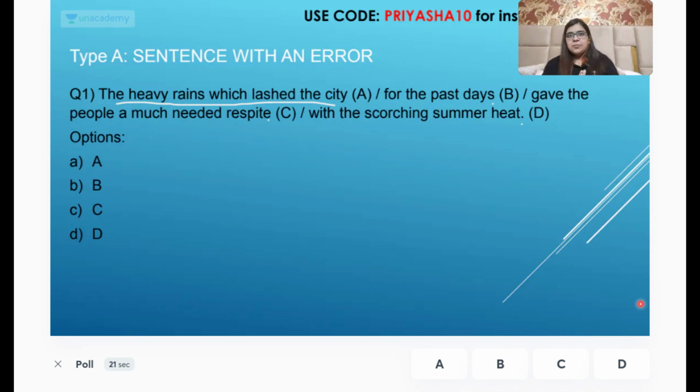When 10 seconds will be left for the poll, I'll tell you the percentages, okay? Ten seconds left. So 15% people think it's A, 38% think it's B, 23% think it's C, and 23% think it's D. But only 3 of them are correct so far.